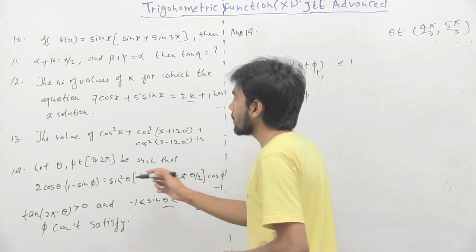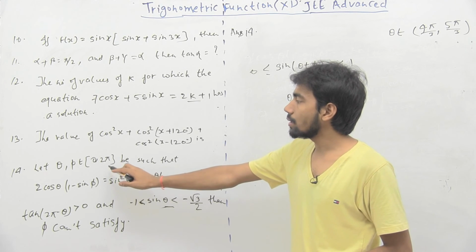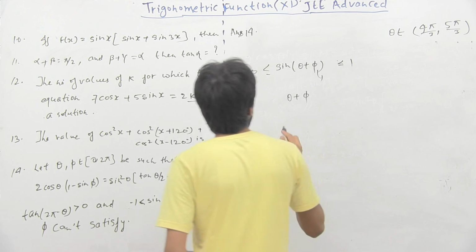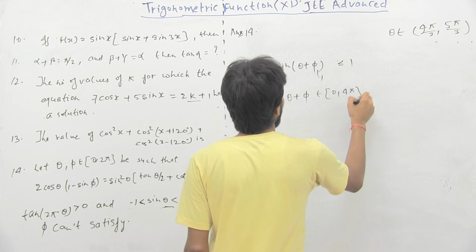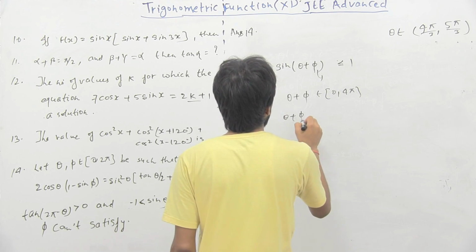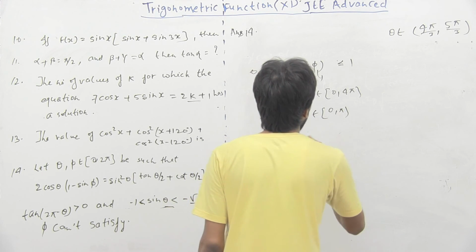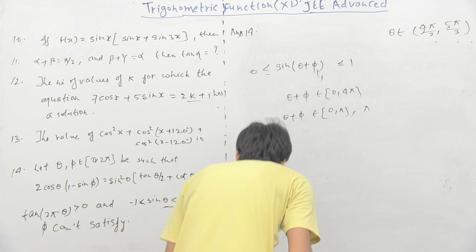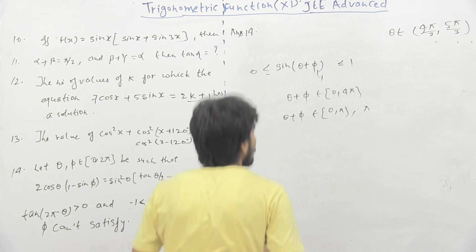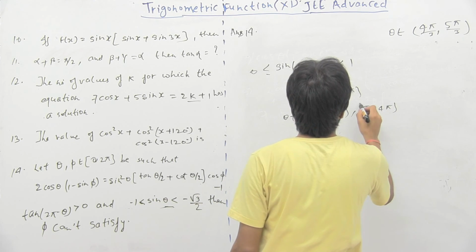First see that θ and φ are given restriction only in 0 to 2π, so θ plus φ will have 0 to 4π, and using this, it is an element of 0 to π, or 3π to 4π.